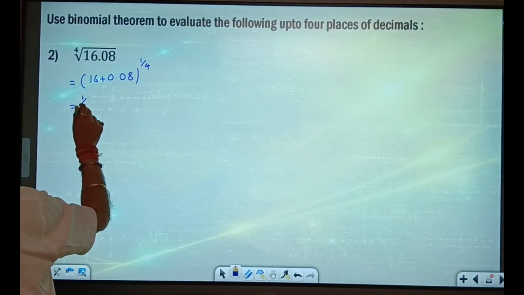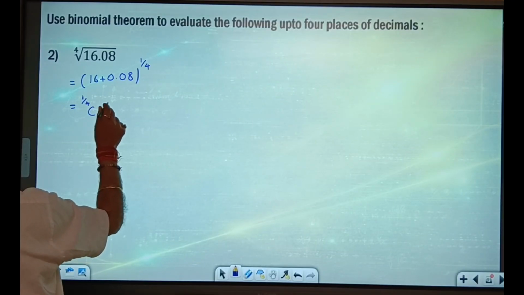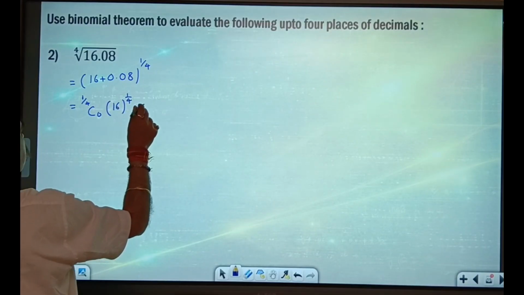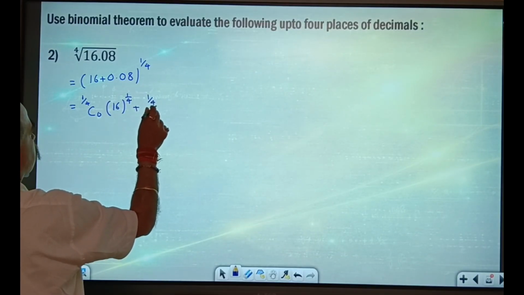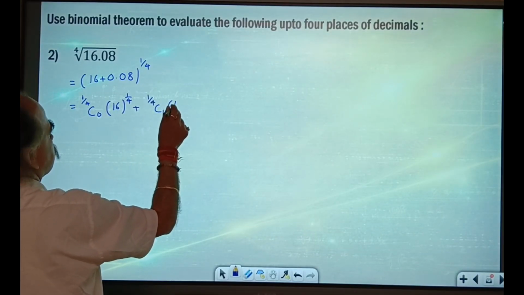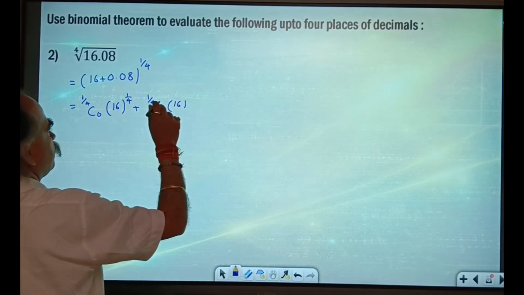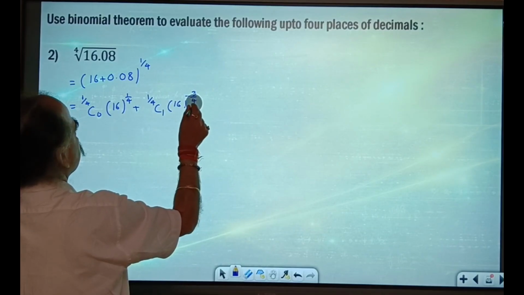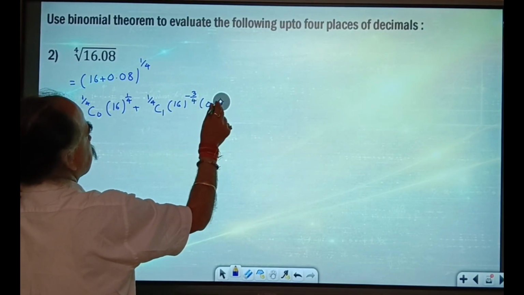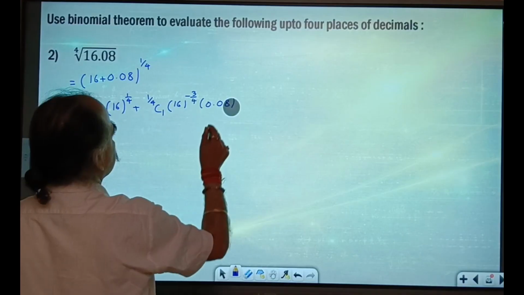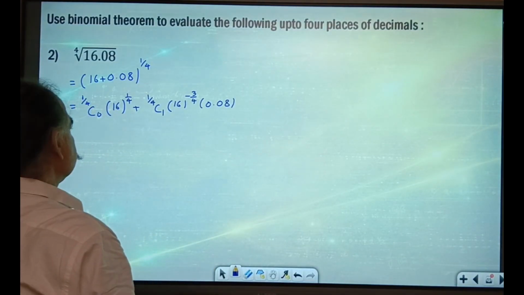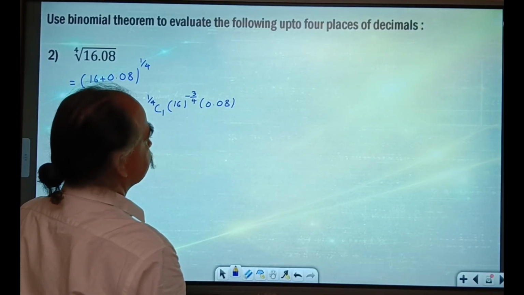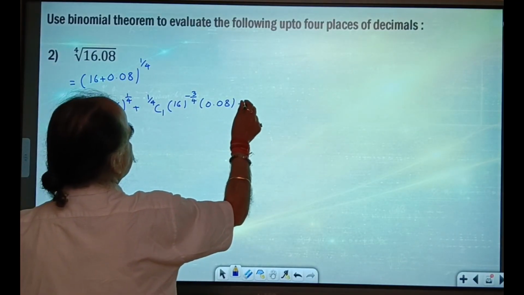So 1 by 4 C0, 16 raised to 1 by 4, plus 1 by 4 C1, 16 raised to 1 by 4 minus 1, which is minus 3 by 4, into 0.08. I think this will give you the desired number of places of decimal. No need to go further.